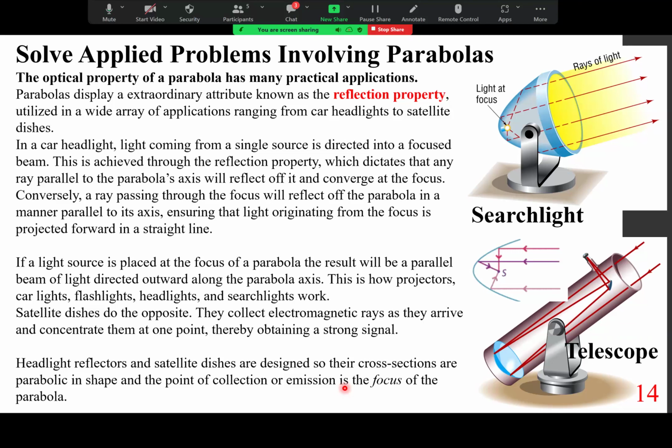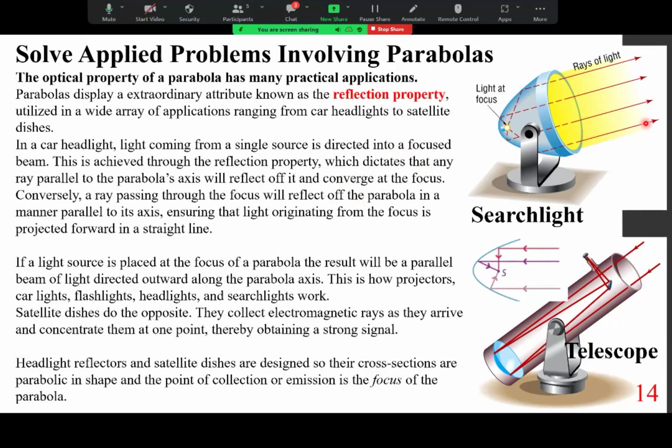So I want to explain this concept, everybody. If we look at what I have for you here, the idea is that this is in the shape of a parabola. It's a parabolic shape, and it has a focus. If the light source is here, as it hits the walls, it goes out parallel to the axis of symmetry, as rays of light.